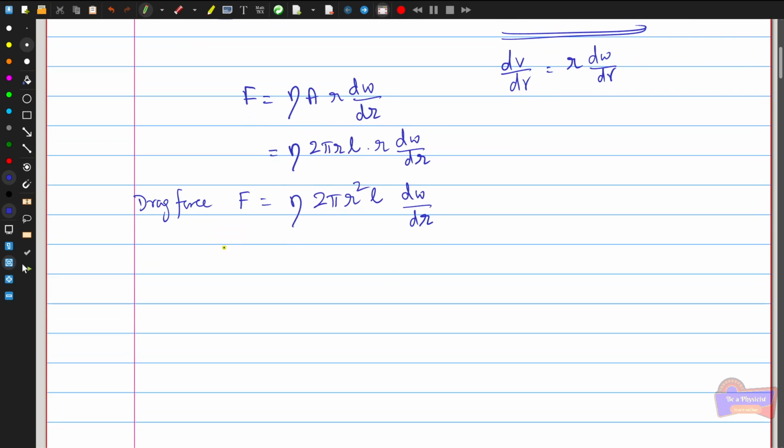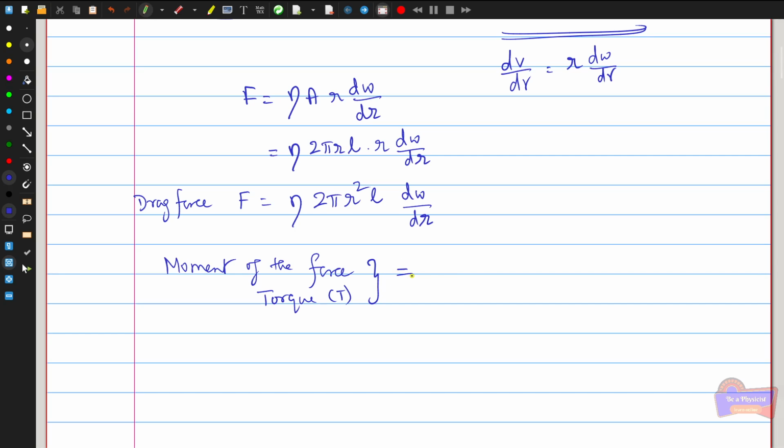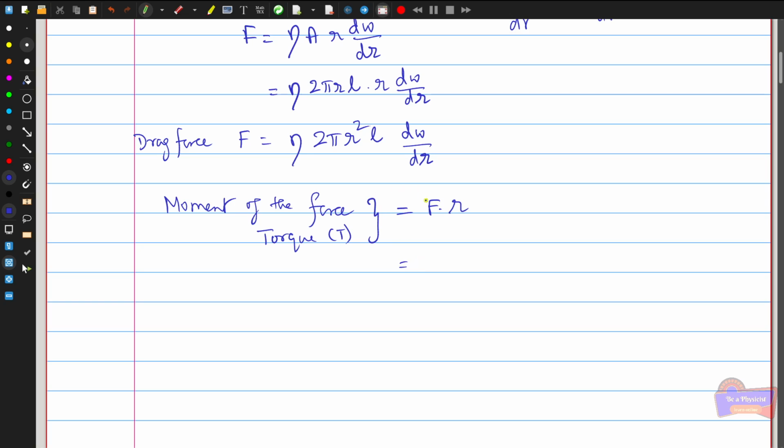Following this, I can easily find the moment of the force, or the torque. The torque T can be written as F into r, which is the moment of force, equal to force into the radius r. I can substitute the value of F in this equation.